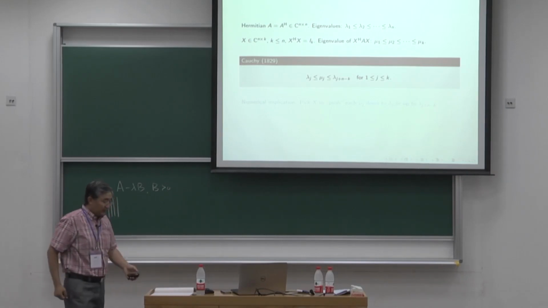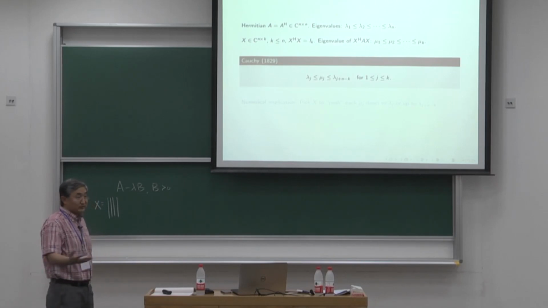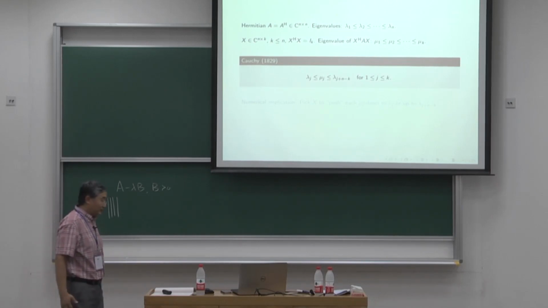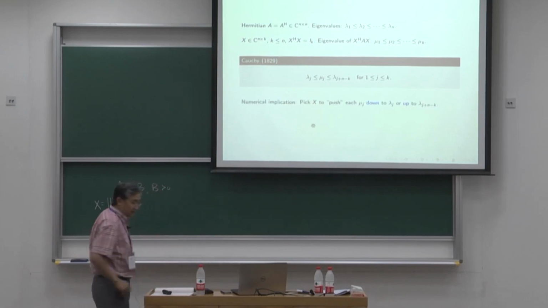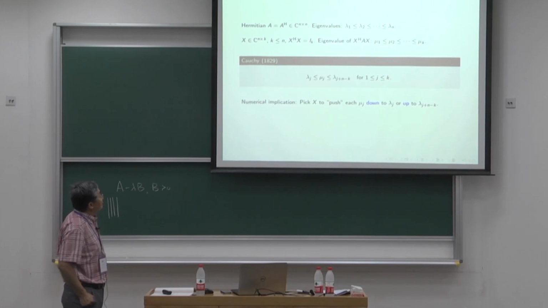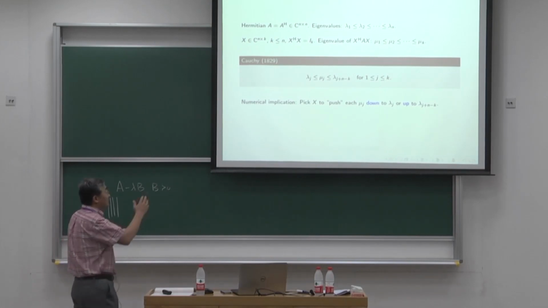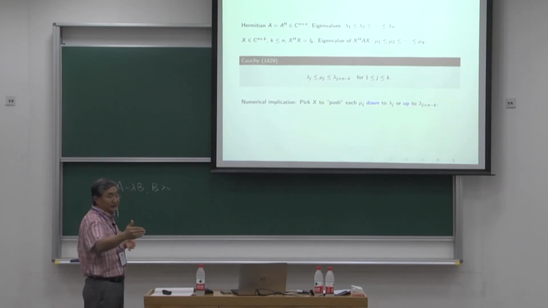The theorem itself looks like nothing in particular, but once you look carefully, it tells you something. In the numerical case, because mu_i is in between, it could go either way: it could be towards lambda_i, or towards lambda_{i+n-k}.